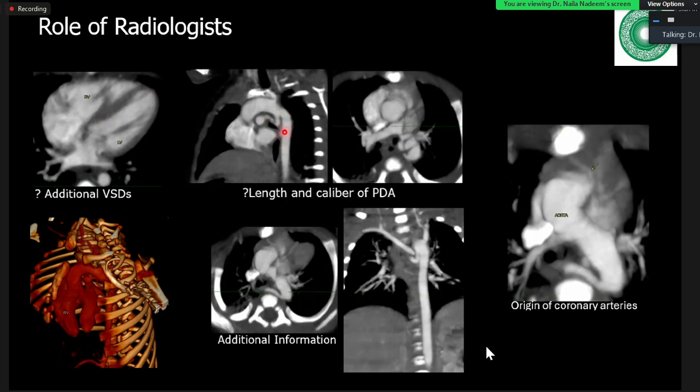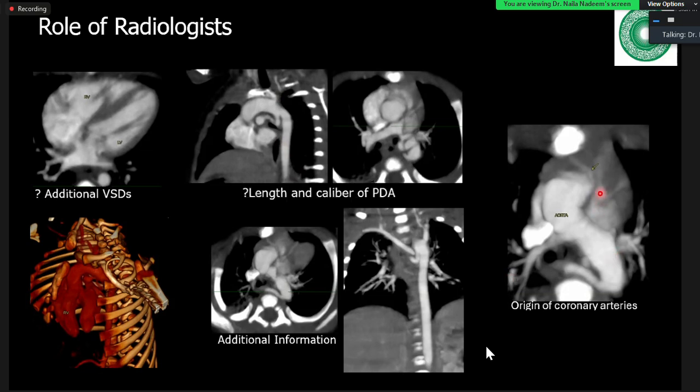Then we have to tell them the length and the caliber of the PDA and its relationship to the neck vessels and to the right or left main bronchus, because in tetralogy of Fallot they may want to stent the PDA, and for stenting they will need all this information.